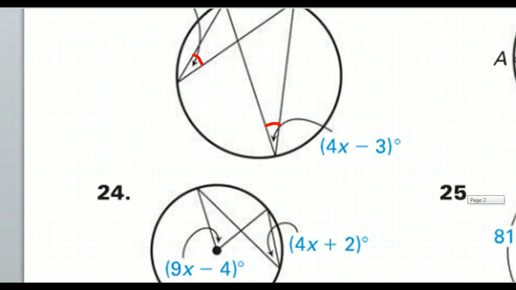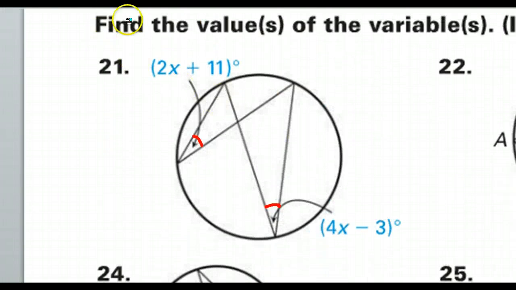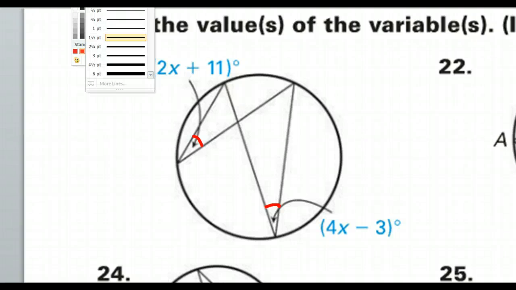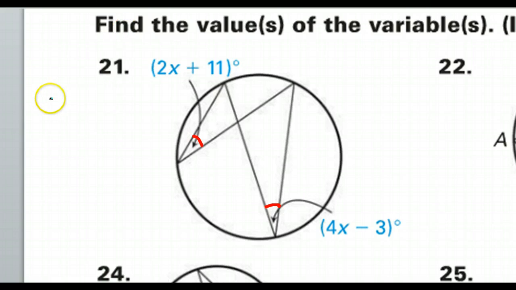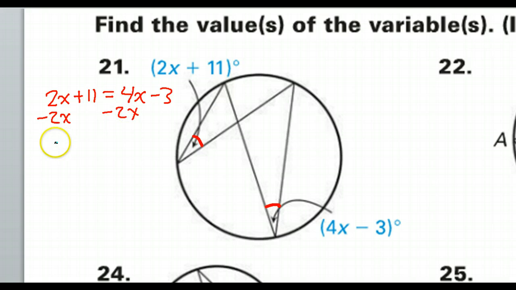So that's what I'm going to do. It'll be like this: 2x plus 11 is equal to 4x minus 3. I would subtract 2x from both sides, and that will give me 11 is equal to 2x minus 3.